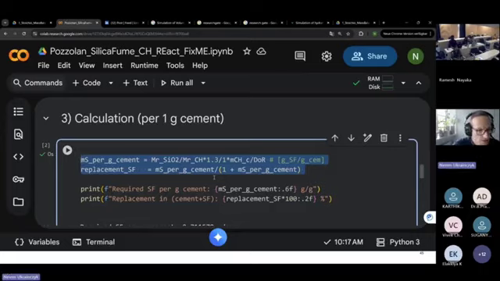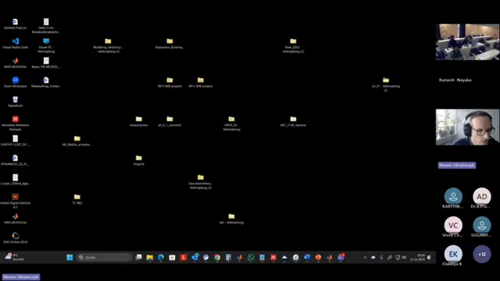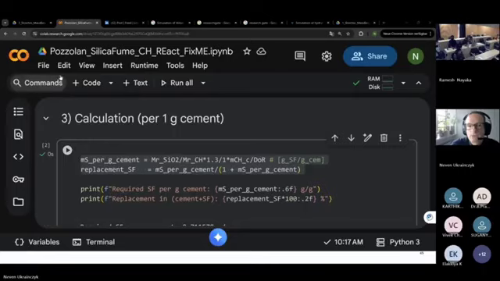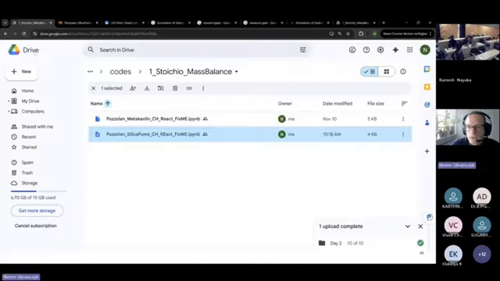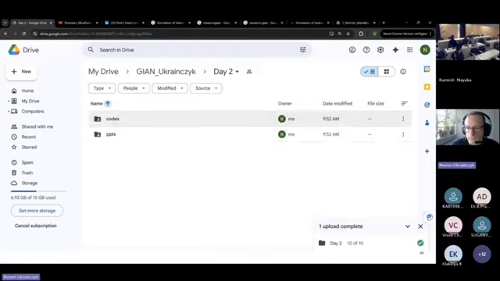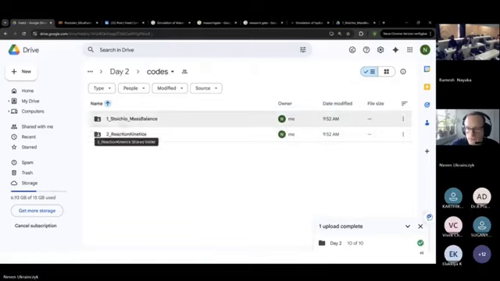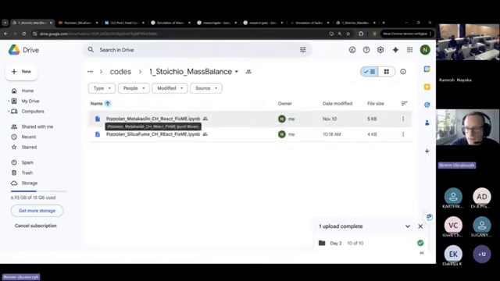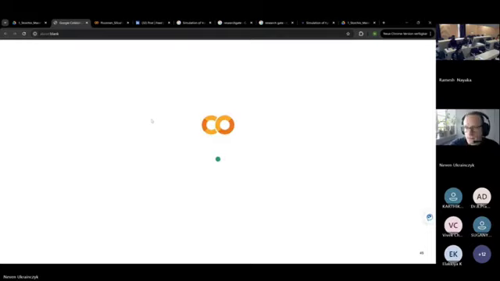We can go to the second exercise, which is the metakaolin. So we can do the same calculation for the metakaolin. So you go to Google Drive. Again, this is the link I sent you, day 2, codes, stoichiometric, and then you take the metakaolin file, open it.